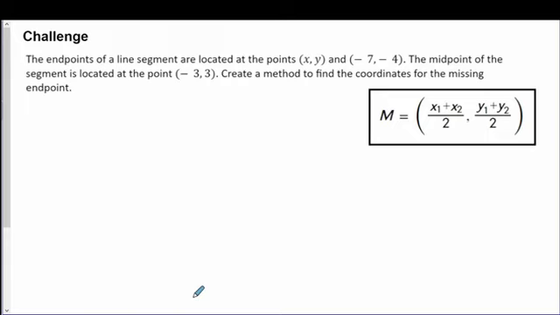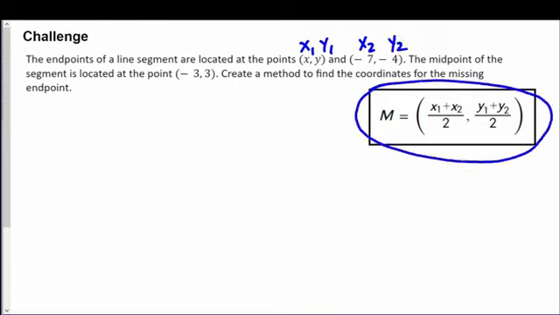So I know I'm going to call this one x1, y1, and I'm going to call this one x2, y2. So I'm going to use this formula and what I know about the midpoint to solve this. So I know that my x coordinate is going to be x1 plus -7 divided by 2, and I know that that's -3.